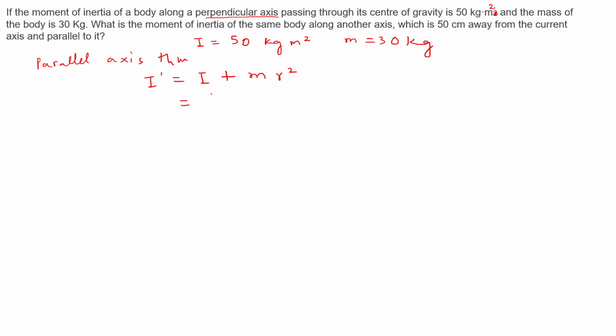So this was 50, mass is 30, and the distance between these two axes is 50 centimeter. 50 centimeter we'll convert in meter, means 50 times 10 to the power minus 2 meters, right?